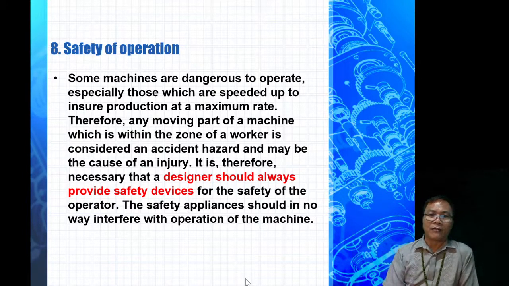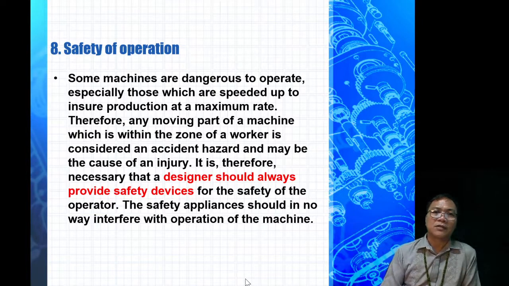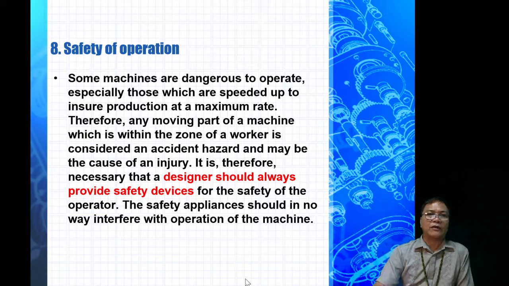You should have provided safety devices like a cover, it could be a screen, so that it cannot be accessed by any person that is near, no? So that is number 8, safety of operation.